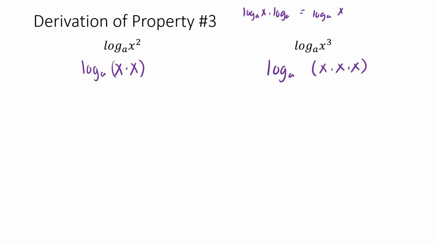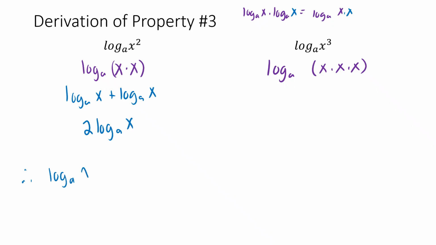So instead of x times some different number, y, it's x times the same number. Well, now when I write it like that, log base a of x times x is log base a of x plus log base a of x, which means that I have 2 log base a's of x. In other words, log base a of x squared is equal to 2 log base a of x.